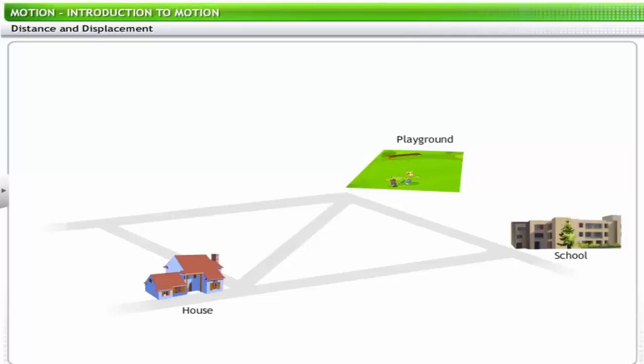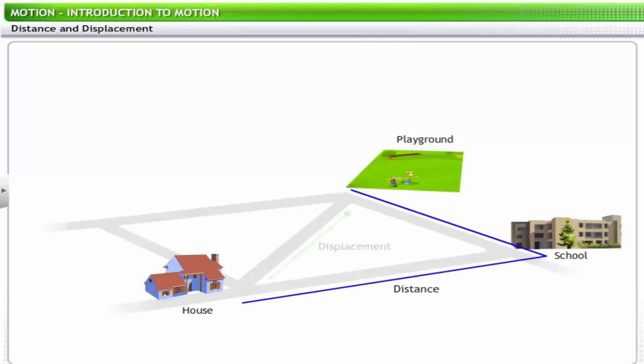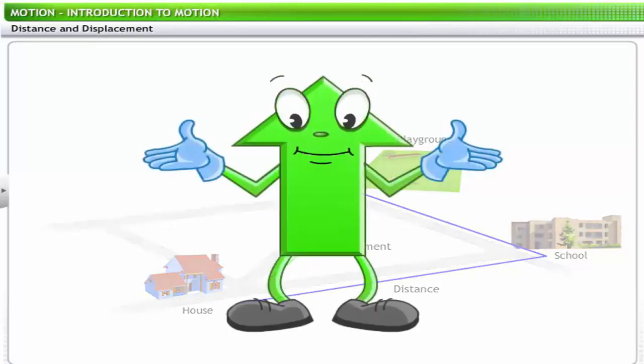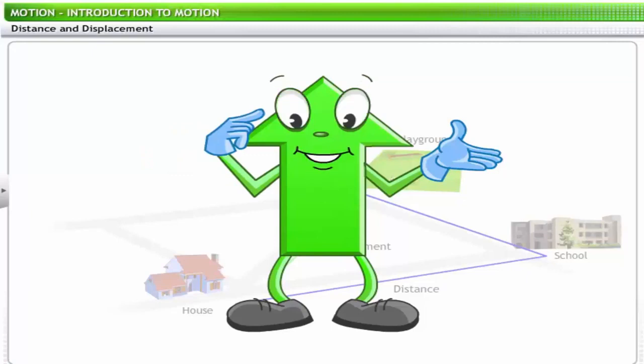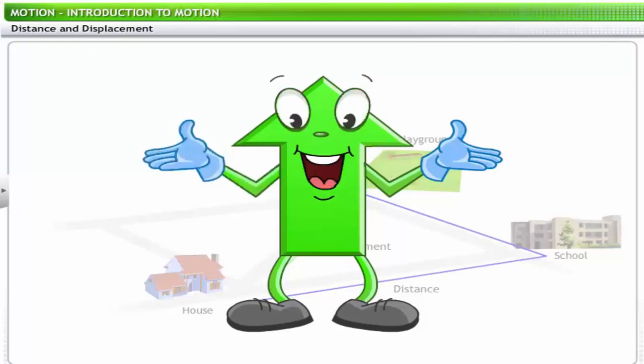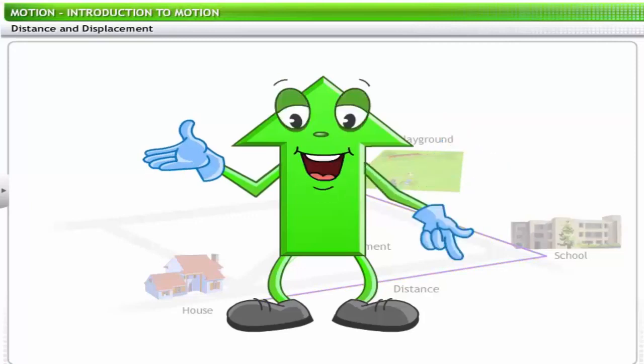You can measure the magnitude of movement of an object using two quantities, distance and displacement. Hi, I am called Displacement. I will always show you the shortest distance between the initial and final points, or the aerial distance between 2 points. My cousin is called Distance.